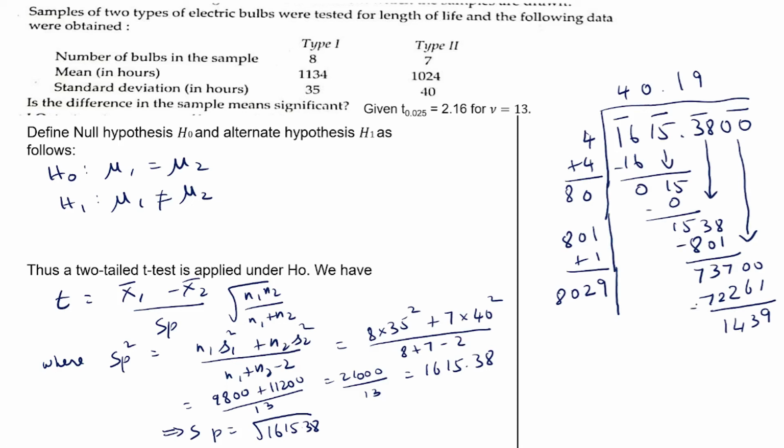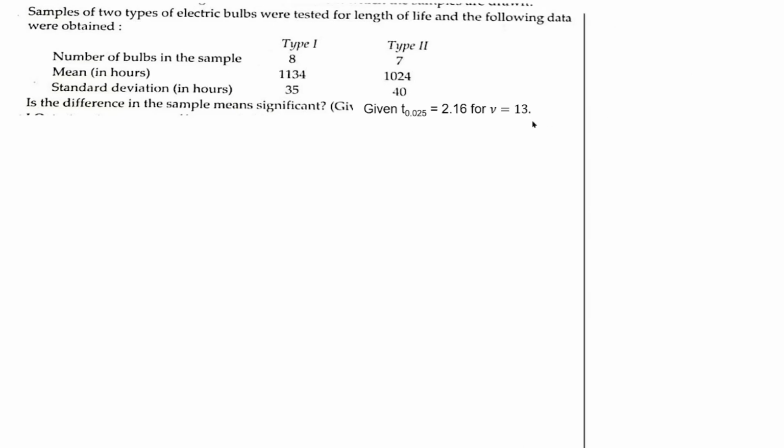So here we get the remainder as 1439. So we get root of 1615.38 as 40.19. So we got Sp as 40.19. Now we can find T.